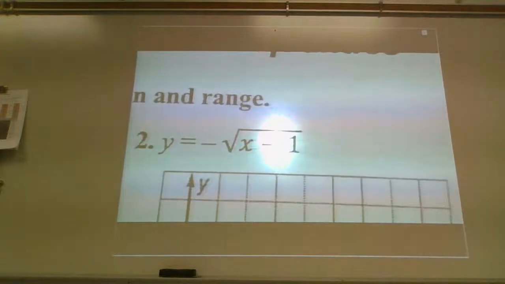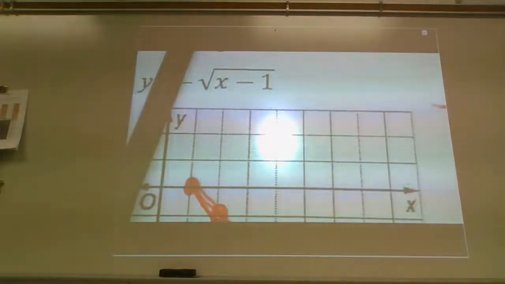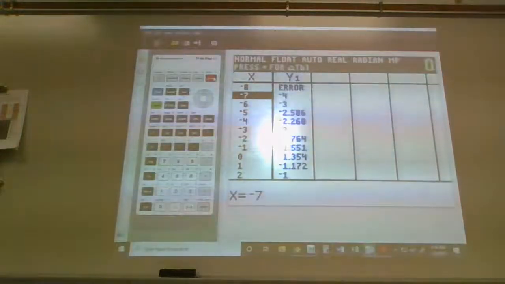Now, somebody in the chat, Joe in the chat, asked me how I got to a certain screen. I don't know what screen he's actually referring to. I'm assuming he's talking about something on the calculator. Joe, if you're talking about getting to the table of values on the calculator, then you have to hit second graph.